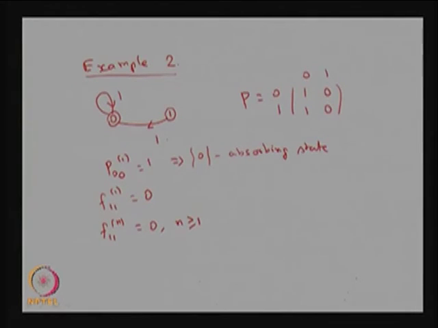Therefore, capital F 1 1, which is the summation of all the f's, is going to be 0. If you recall how we classify a state as recurrent or transient, we said f i i is either 1 or less than 1.